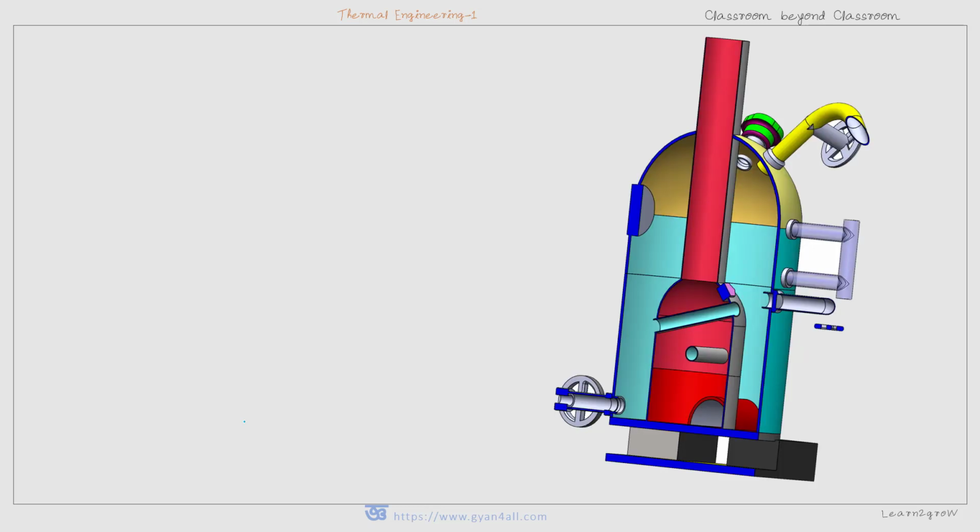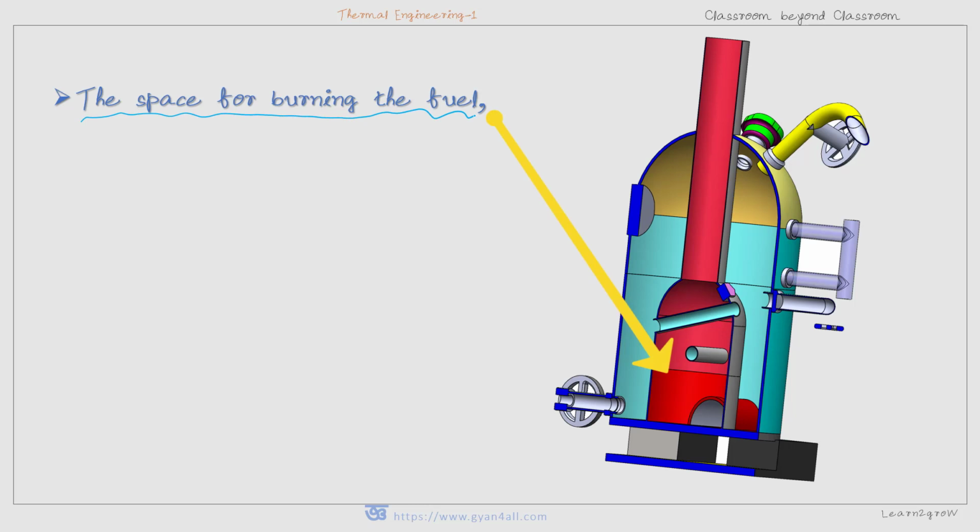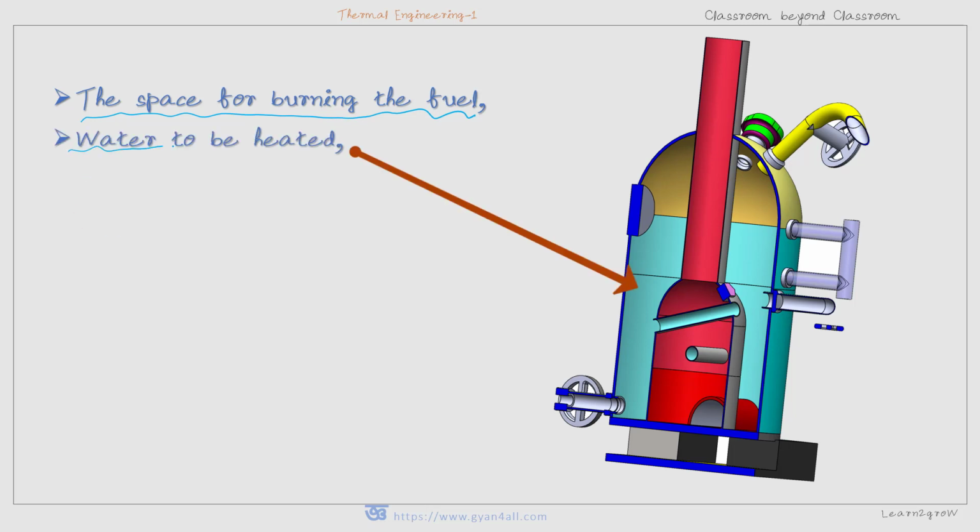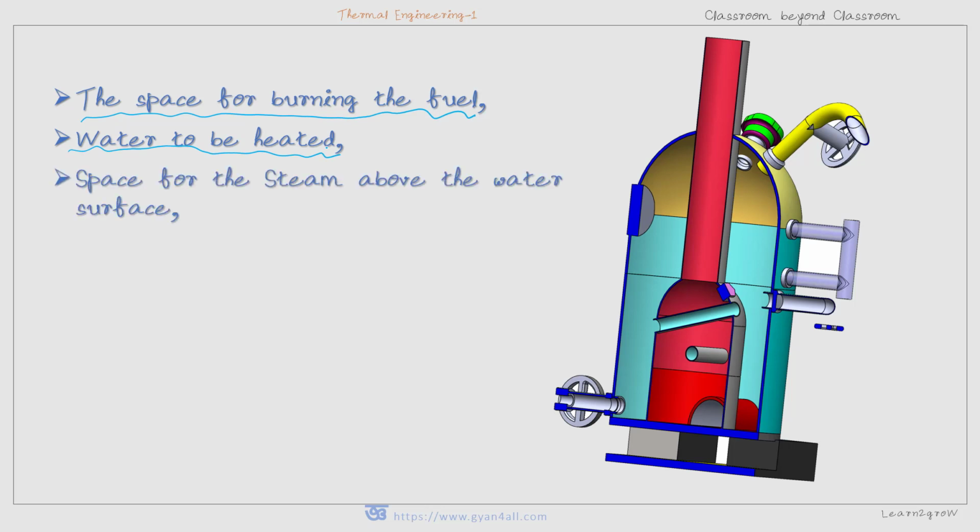As I have mentioned, all boilers have some basic common things. For example, all boilers must have some space for burning the fuel where sufficient oxygen or atmospheric air can enter into the space. And there should be a space for water, and that water will be heated to form the steam. So the space for steam is also required, which is above the water surface.